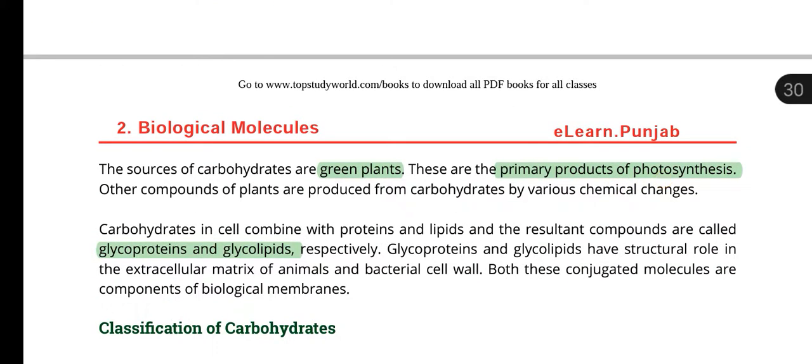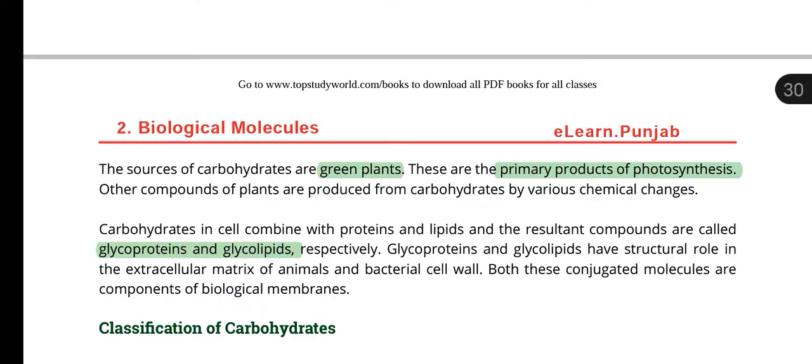What are the sources of carbohydrates? The major sources are green plants, and they are the primary products of photosynthesis. The direct product of photosynthesis is a triose.